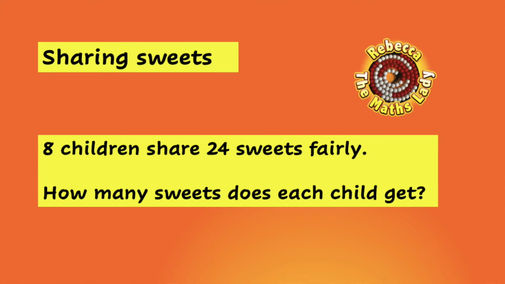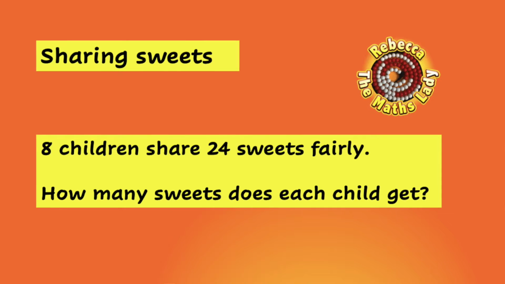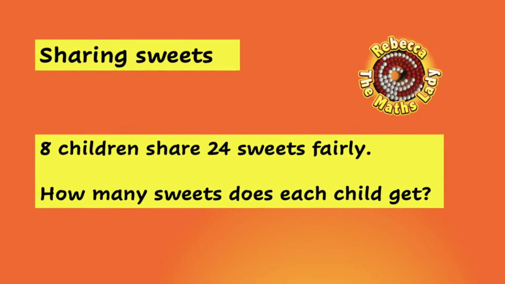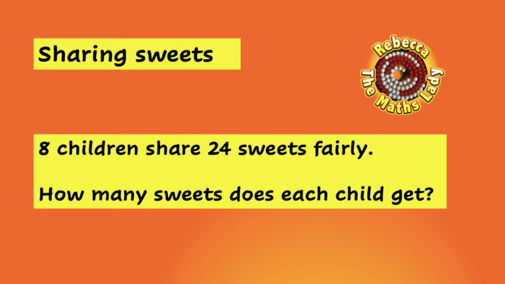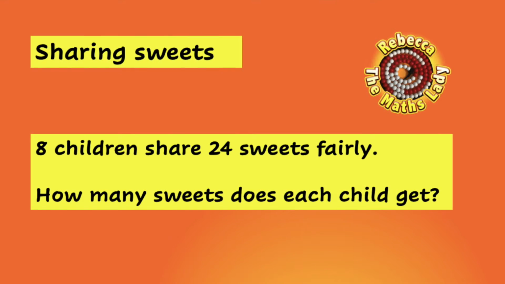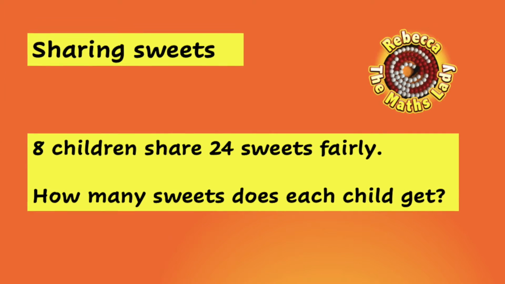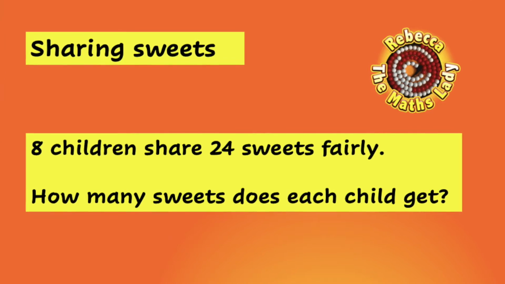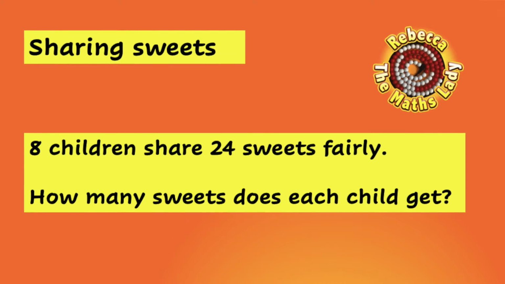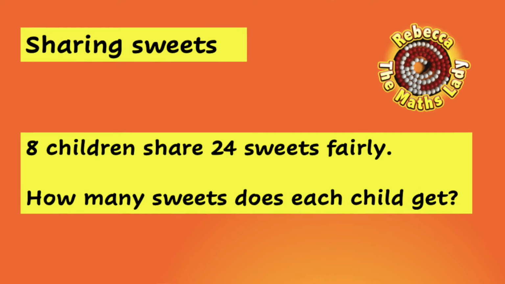Here's another question. 8 children share 24 sweets fairly. How many sweets does each child get? What's your answer and how did you do it? Did you split 24 into 8 equal parts and find out how many sweets there are in each part? Or did you count how many 8s there are in 24?